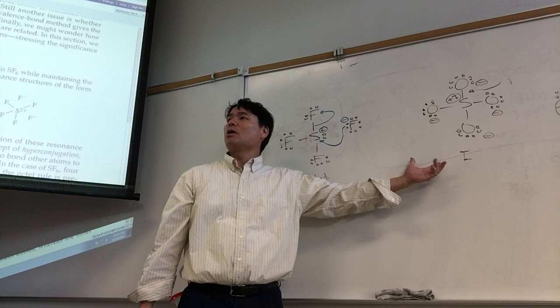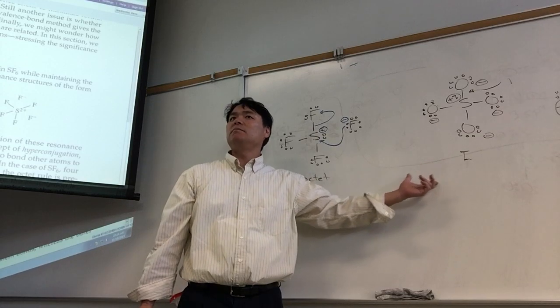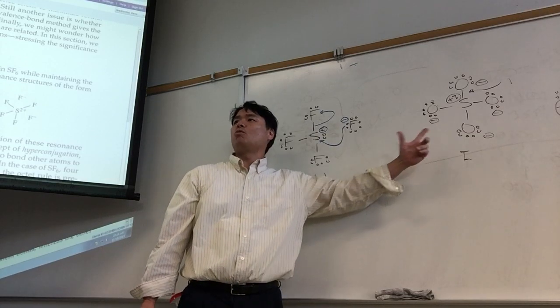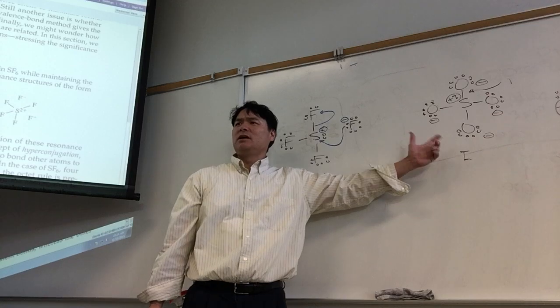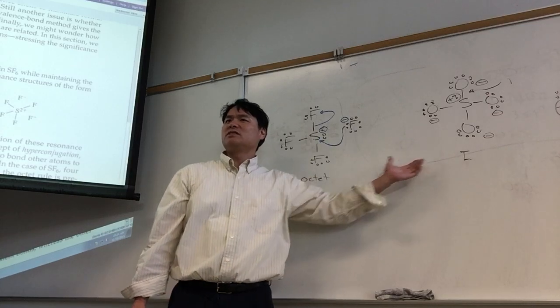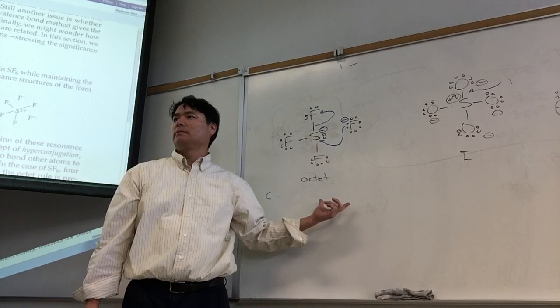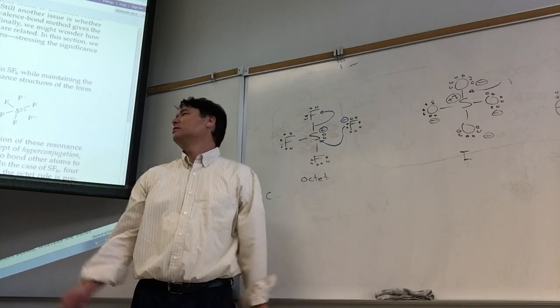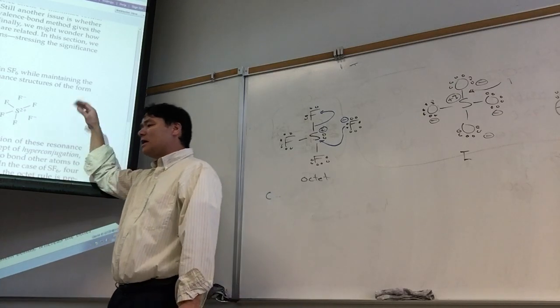It's probably somewhere in between the two extremes, where we have 100% d orbital participation, sp3d, versus 0%, sp3. Does that make sense?